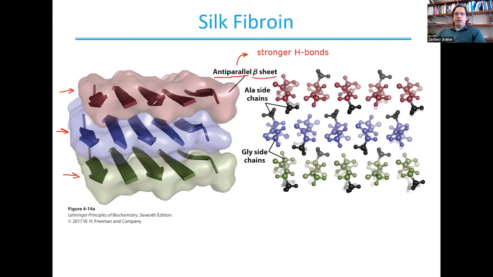Now, in addition to forming this anti-parallel beta sheet, a silk fibroin structure relies primarily on alanine and glycine. Right? So notice we have our glycine and alanine amino acids. So alanine has the methyl group coming off, marked in black here. Glycine, of course, has only a hydrogen. Right?